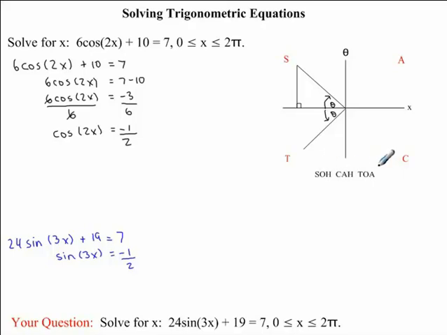According to SOHCAHTOA, the trigonometric ratio for a cosine function, the C, is adjacent over the hypotenuse. So here we have our trigonometric ratio for cosine. We know that it's going to be the adjacent side, ADJ, over the hypotenuse.